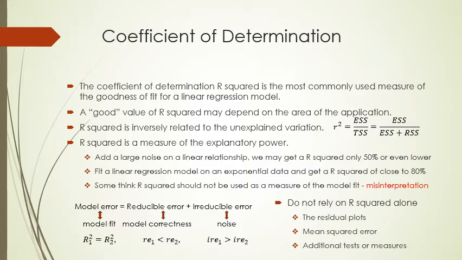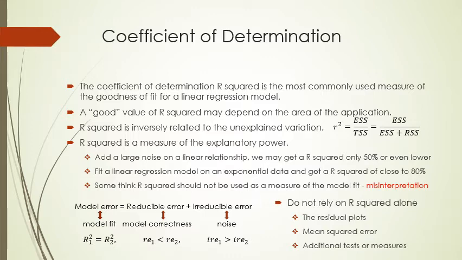Thus, we may still have a good model fit, although the model is not totally correct. Some statisticians may use R squared as a sole measure of fit in practice because it is dimensionless and easy for comparison, but it is not recommended.